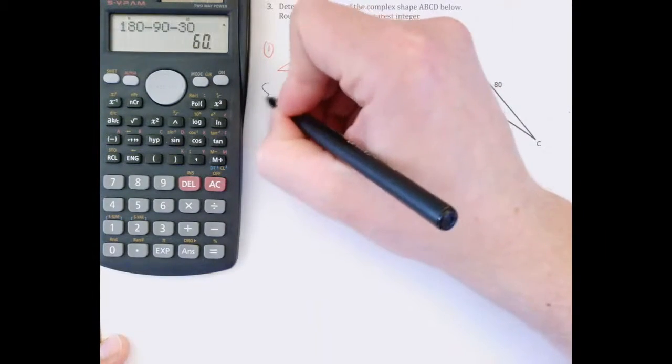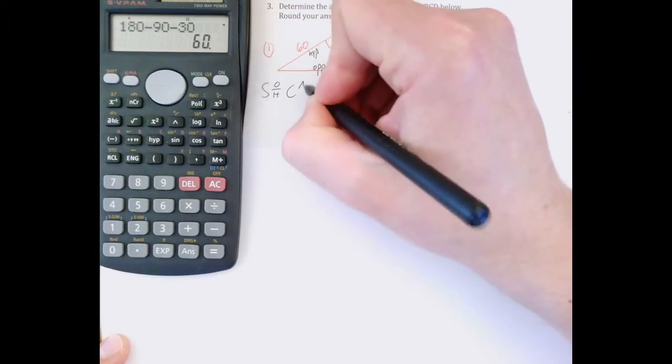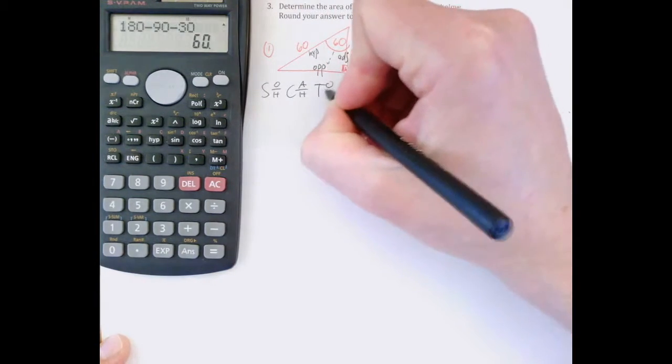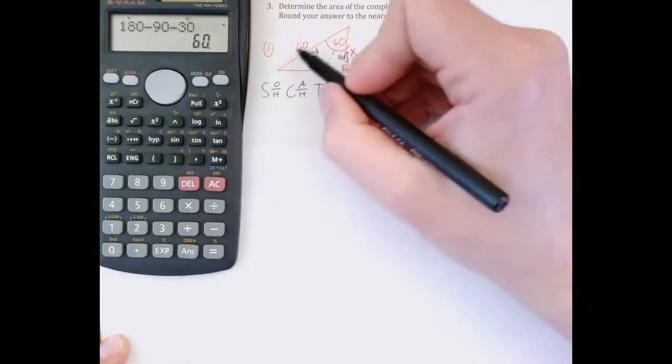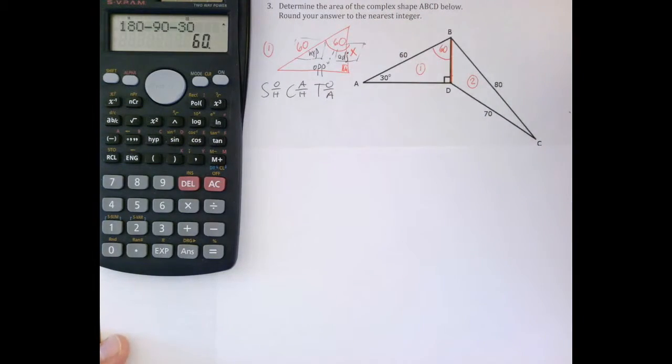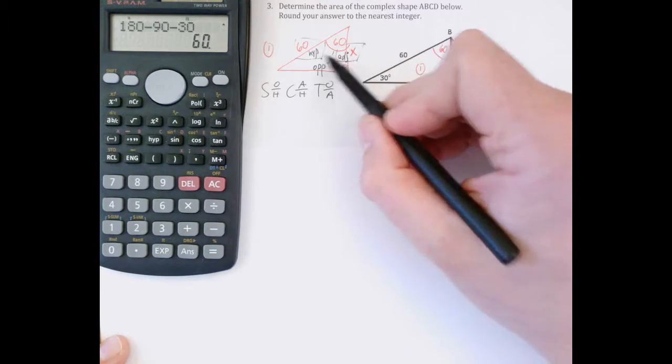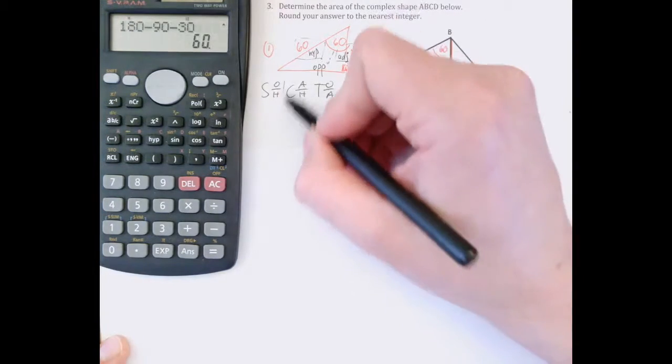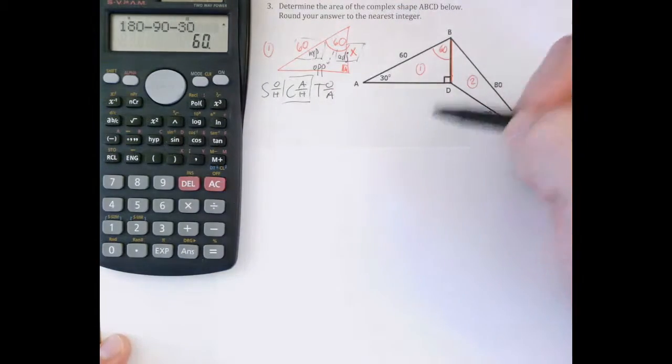So here in SOHCAHTOA, I want the one that works hypotenuse and adjacent into the same formula. A and H for adjacent and hypotenuse are right here in the cosine version of SOHCAHTOA.